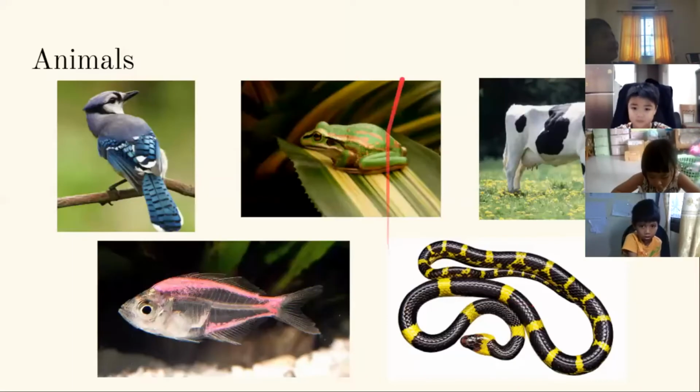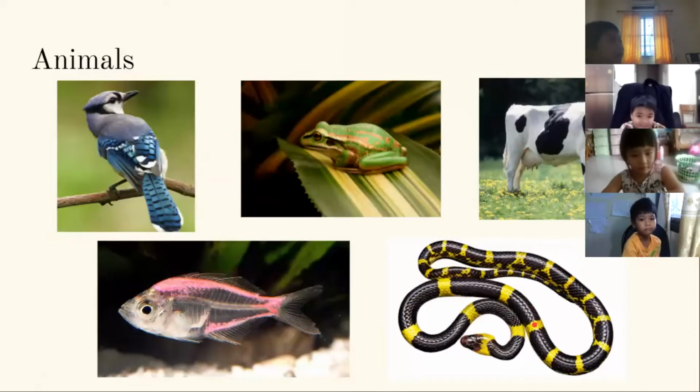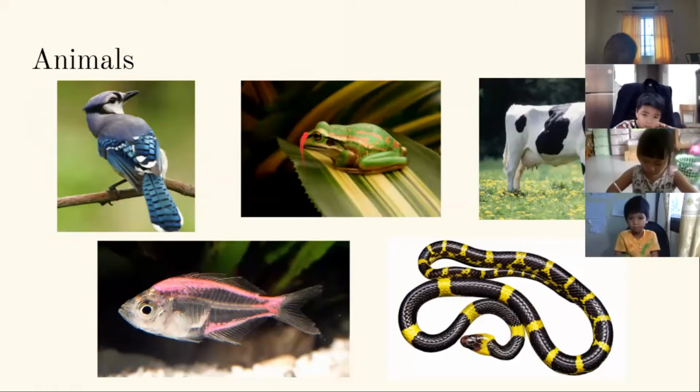Now, we have these types of animals. Look at these animals. Now, this one, what is this? Bird. Okay, this one, what is this? Frog. This one, what is this? Cow. Okay, and this one, what is this? Fish. We do not say fish, bird, frog.